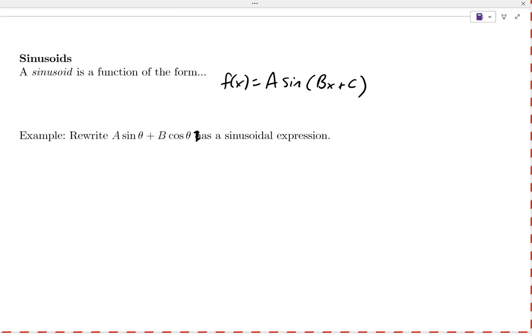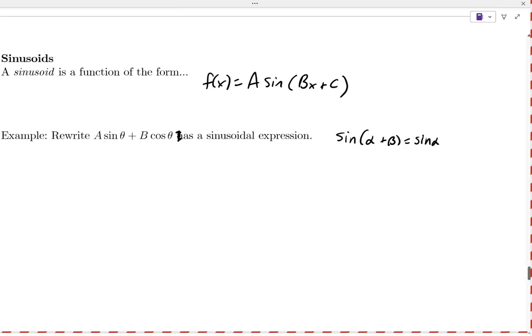All right. So to do this, that requires us to go back and remember what our sum and difference formulas look like for sine. So remember that, I'll just write down the sum formula. Remember that your sine formula is sine of alpha cosine beta plus sine beta cosine alpha.